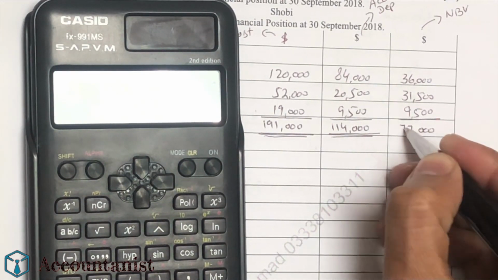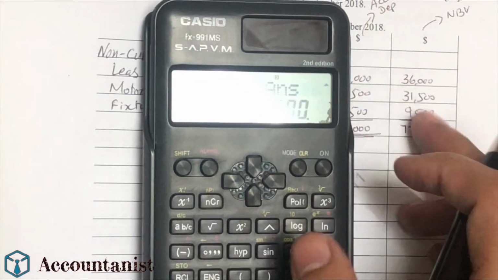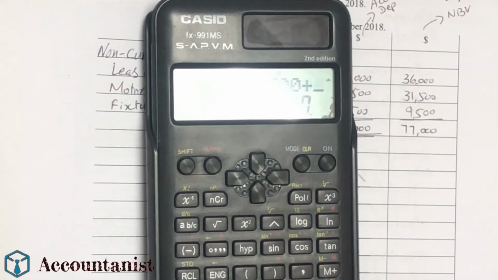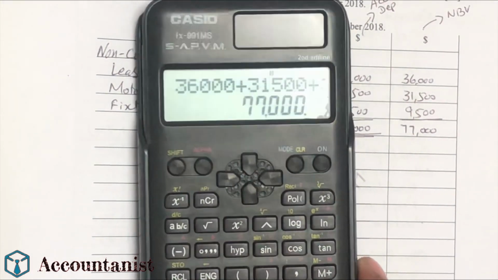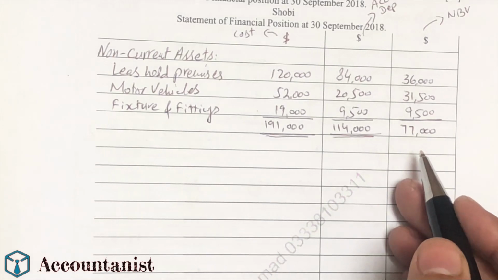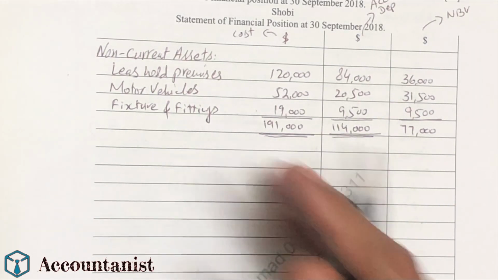We can also verify by adding the last column, so that will be 36,000 plus 31,500 and 9,500, which again gives me a total of 77,000. So the total is double checked. So this is the non-current asset section.